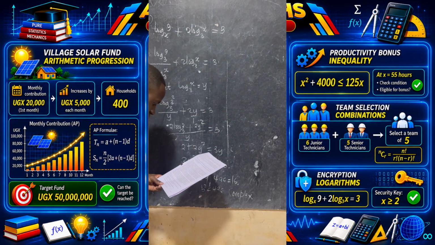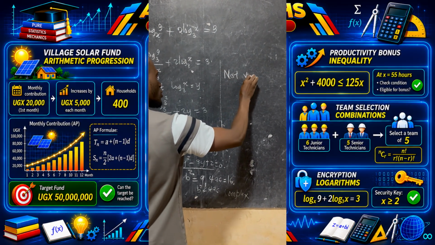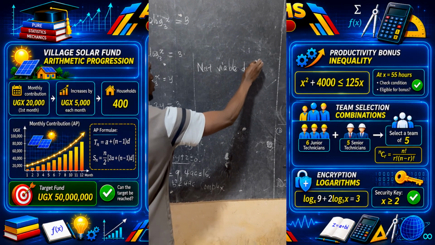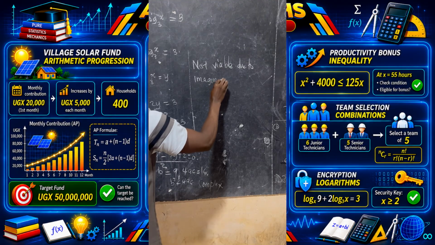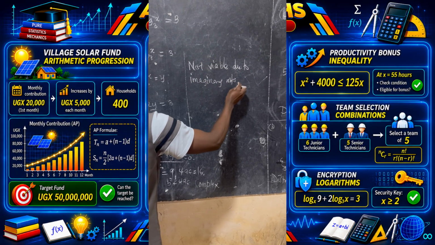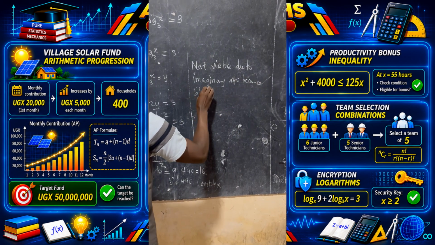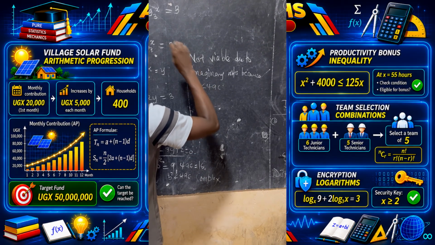So the encryption system is not viable because we don't have roots, due to the presence of imaginary roots, because b squared is less than 4ac.